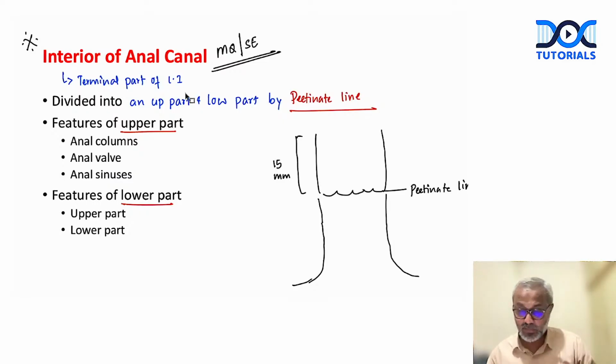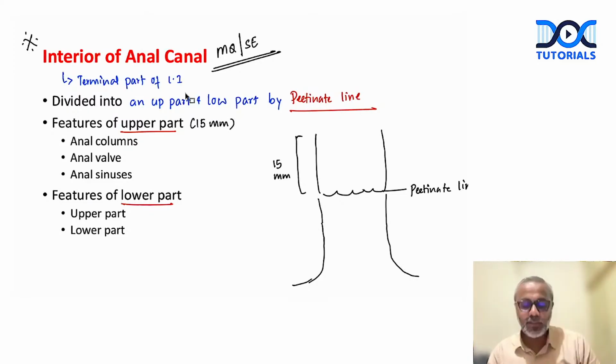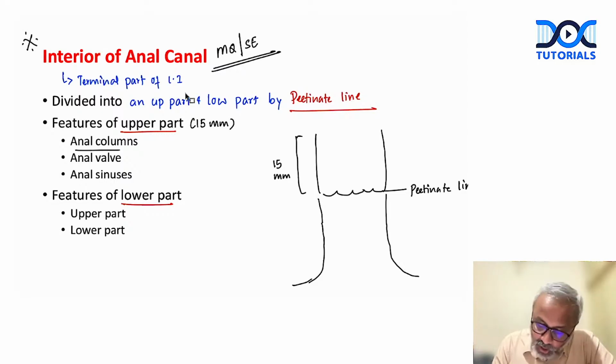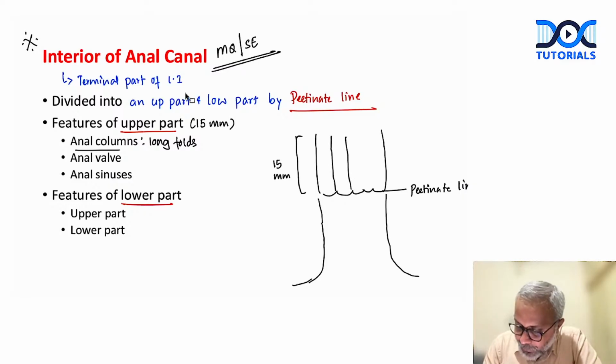What is the total length of the anal canal? 3.8 centimeters, or 38 millimeters. So the upper part measures about 15 millimeters. The interior of the upper part shows longitudinal folds, mucosal folds, which are called the anal columns. So these are the anal columns.